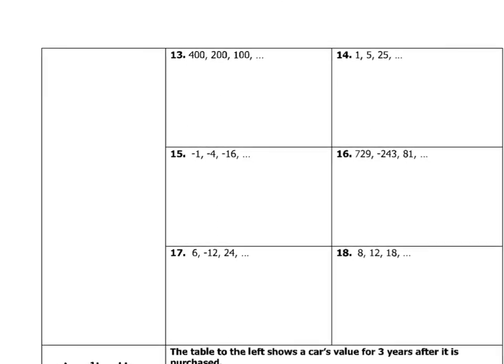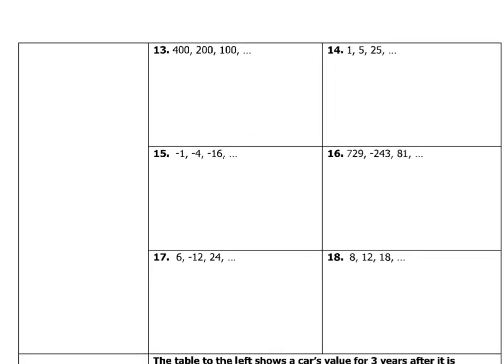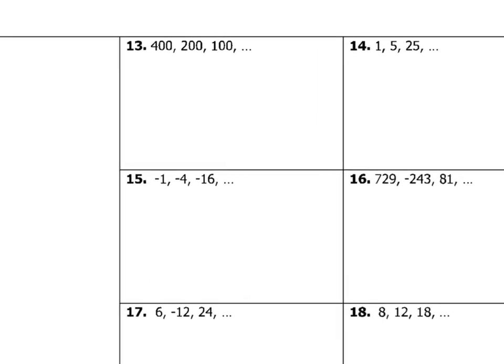Turn your notes over. Let's look at number 13. 200 divided by 400 is 1/2. 100 divided by 200 is 1/2. So my ratio is 1/2, and my first term is 400.